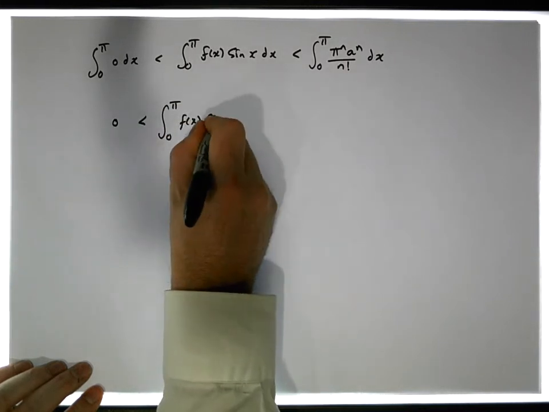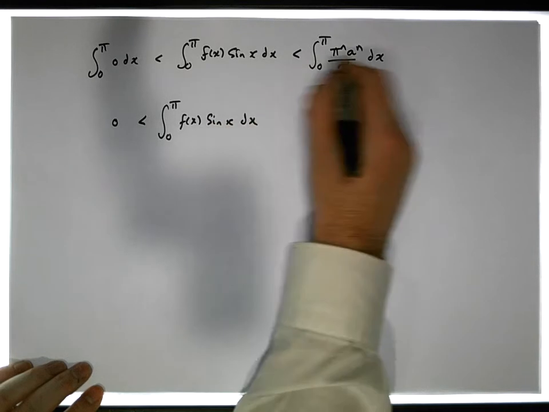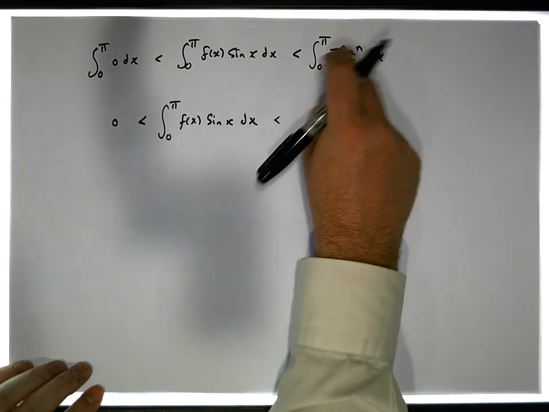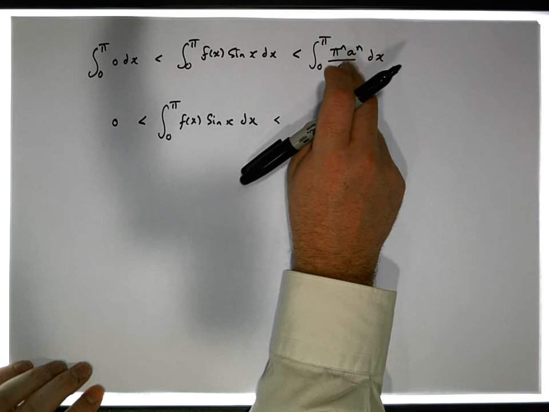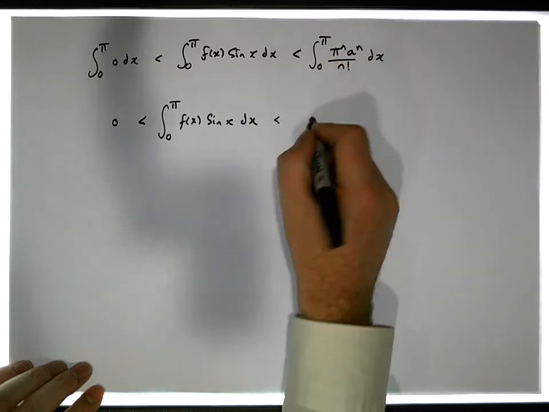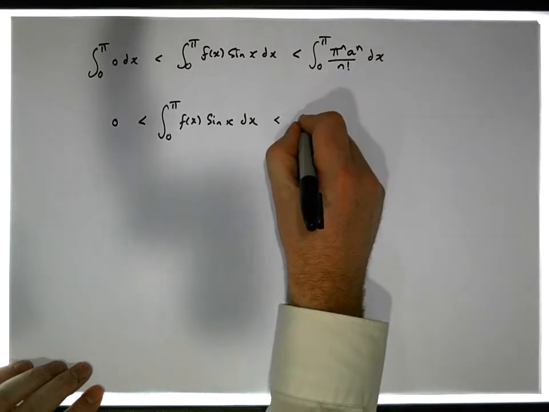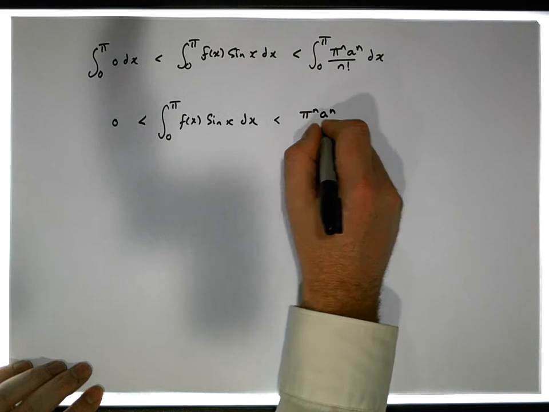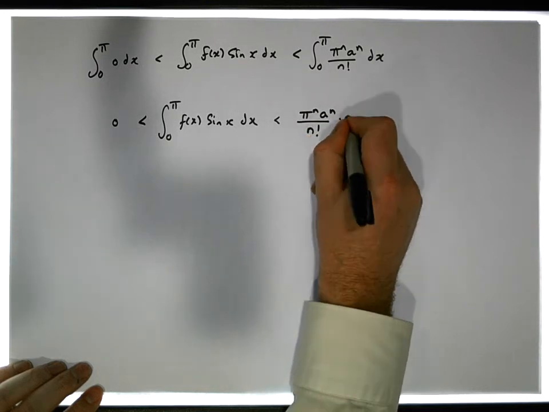Now this thing here is just a constant. So the integral of that particular constant is going to introduce back in the x, so this becomes pi to the n, a to the n, all over n factorial times x, to be evaluated on the interval 0 to pi.